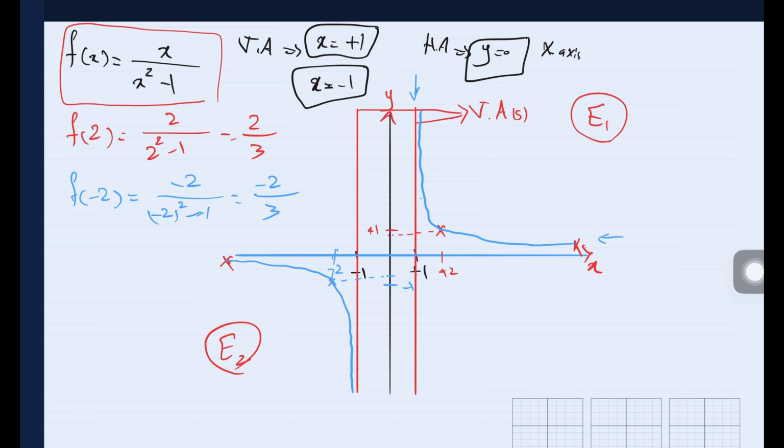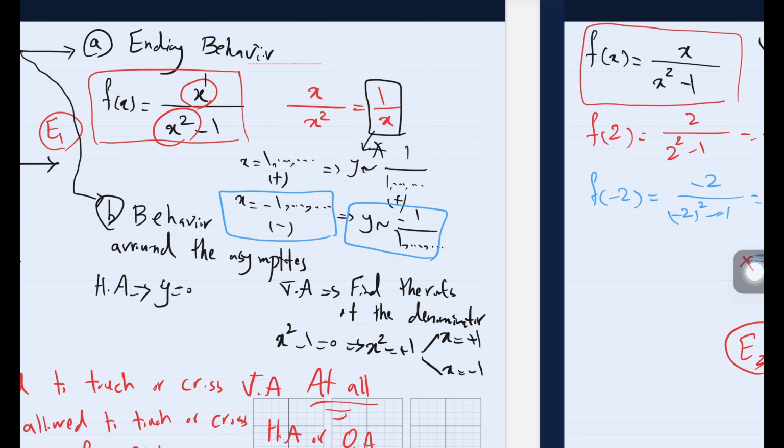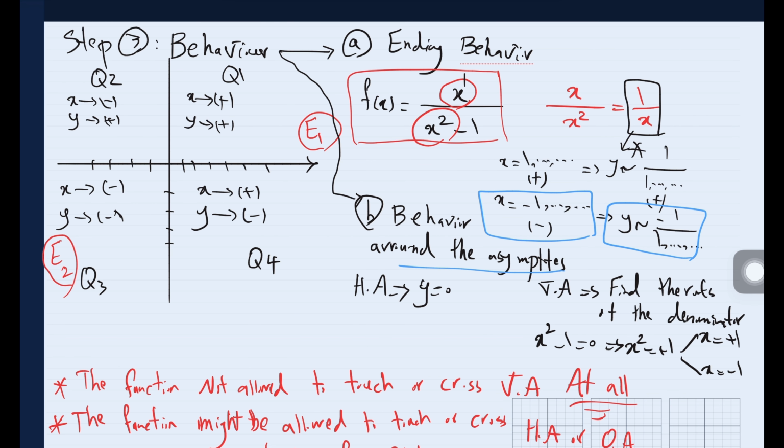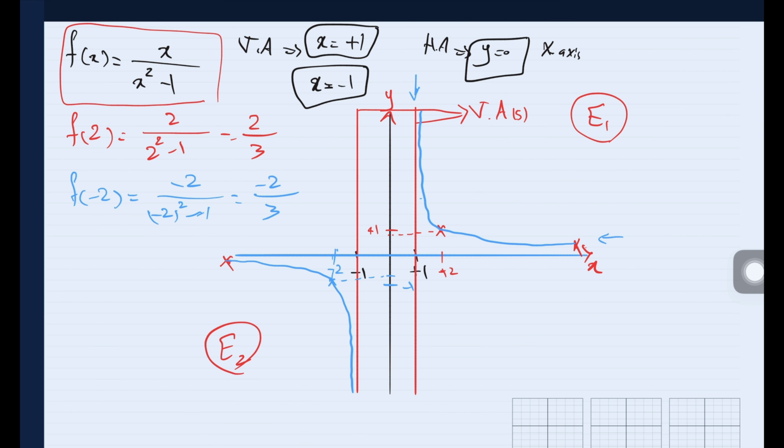Okay, so these are the ending behavior of that function. But the other behavior we said we need is the behavior around the asymptotes. So let's have this region here, the region between those two vertical asymptotes.